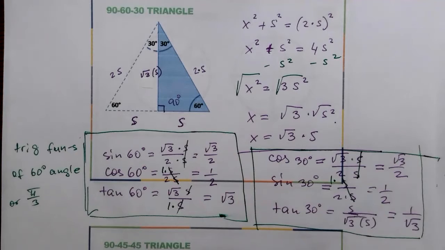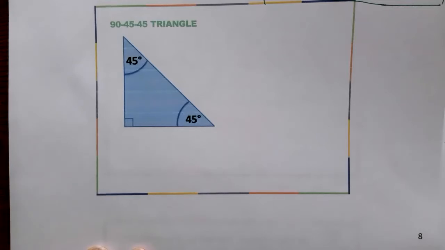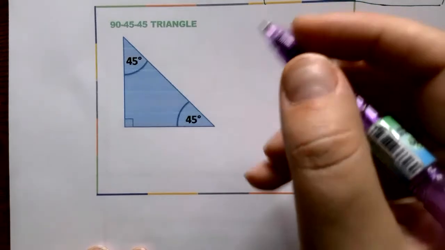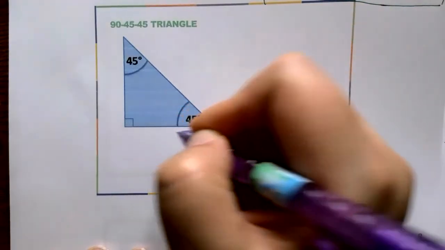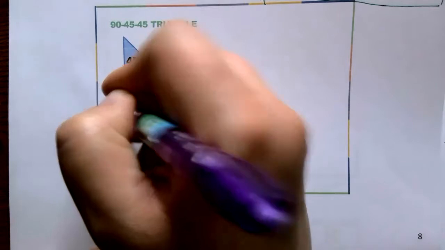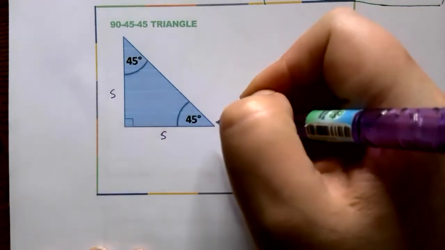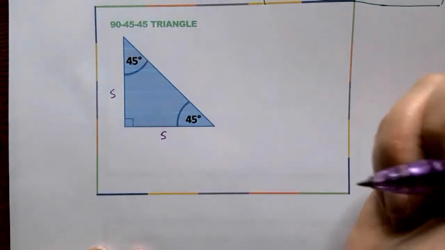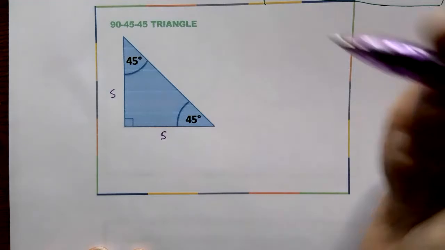Keep that in mind, and we are moving on to the next special triangle, which is the 90, 45, 45 triangle. So here's our 45, 45, 90 triangle. We're going to say that this side is s and this side is s, because the opposite angles are the same.